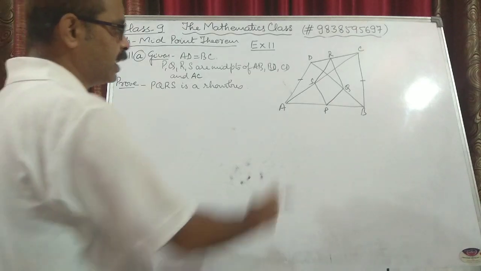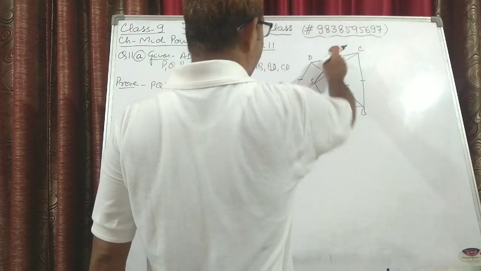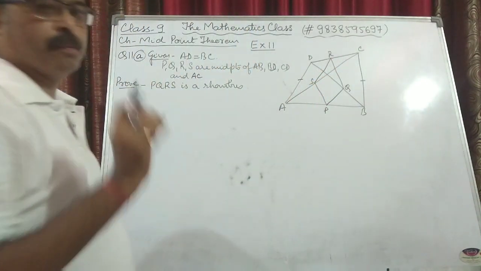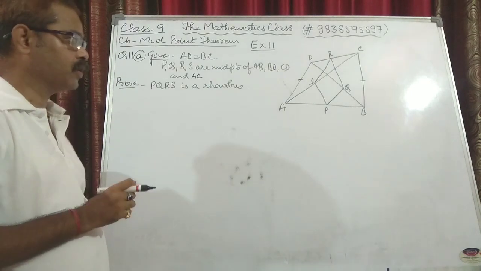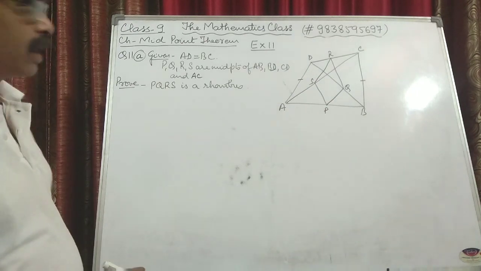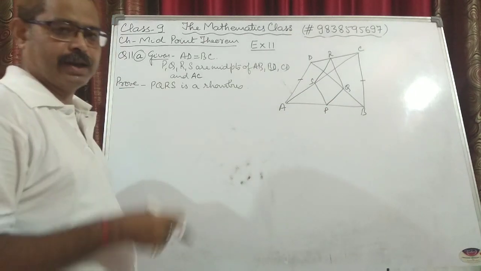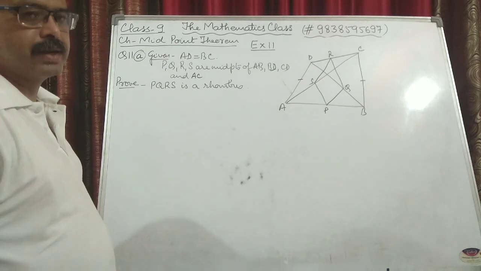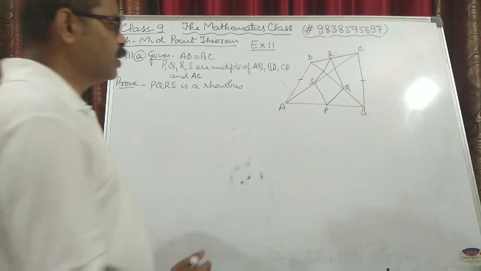We have to prove that PQRS is a rhombus. So first of all we will prove that PQRS is a parallelogram, and if in a parallelogram two adjacent sides are equal, then it is a rhombus.